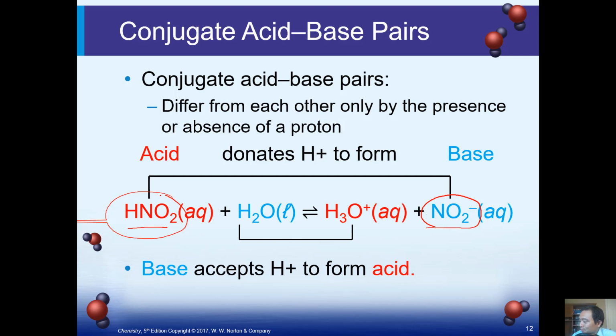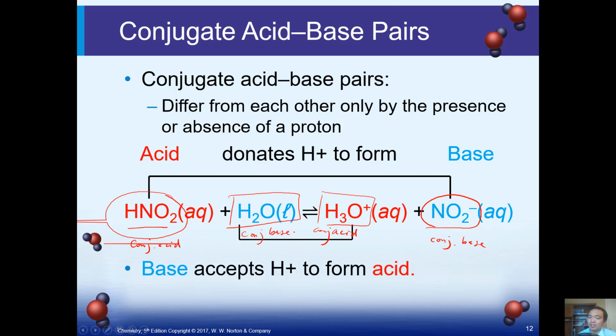So this one is called the conjugate acid. That one is called the conjugate base. Now another pair, I'm going to box this up. H2O and H3O plus. They are also called a conjugate acid-base pair. But in this case, H3O plus is the conjugate acid, and H2O is the conjugate base.